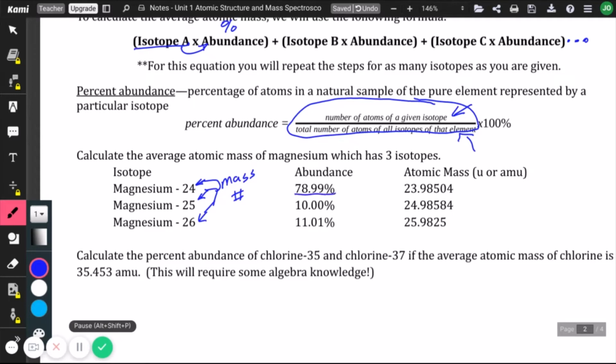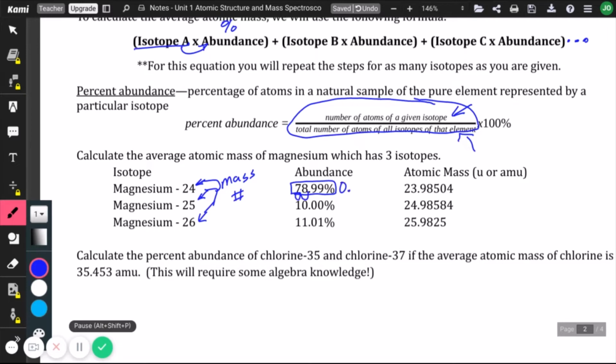These percentages, I don't like to work with percentages. The reason I don't is because a lot of times I will forget to actually go in and add that percentage sign at the end. So I do suggest that you go in and change these into decimals. To change that, take that decimal, move it over twice.